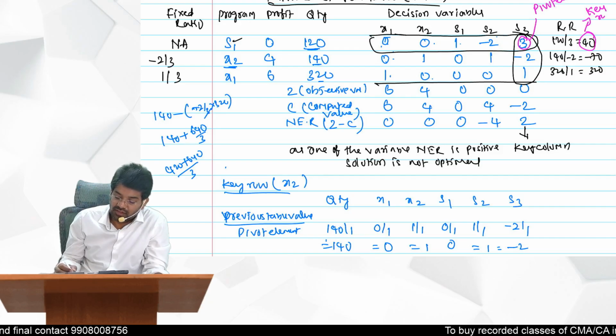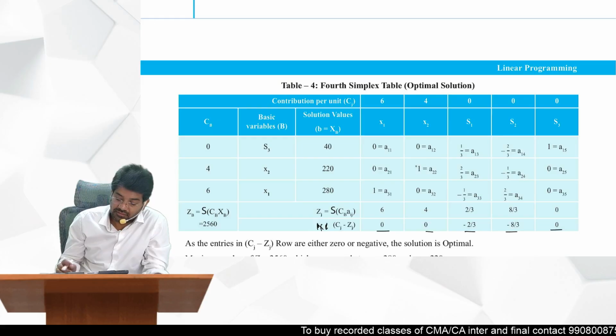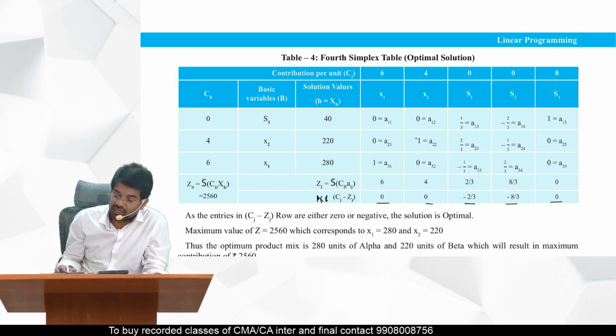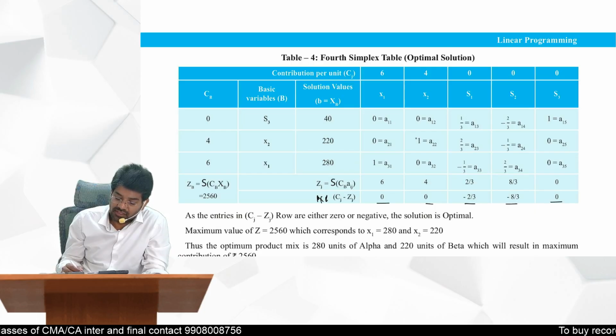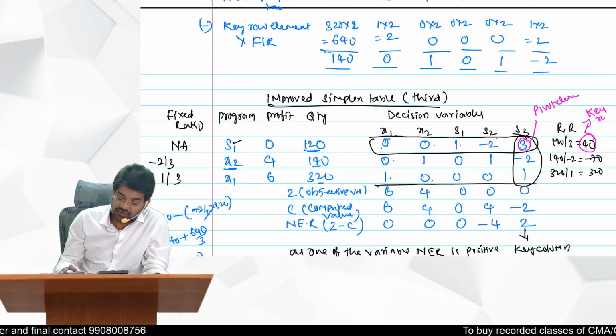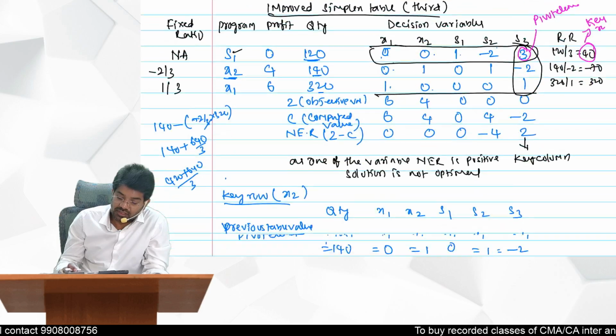So what is the value they have taken here? Let me see. For non-key rows, what do we take? Previous one minus... the previous value is which one? I've taken 140, the third table previous.